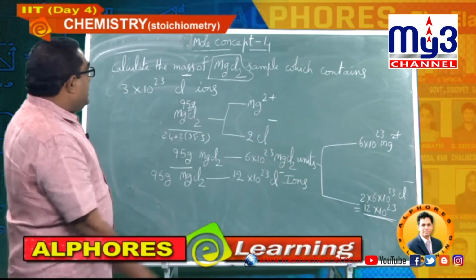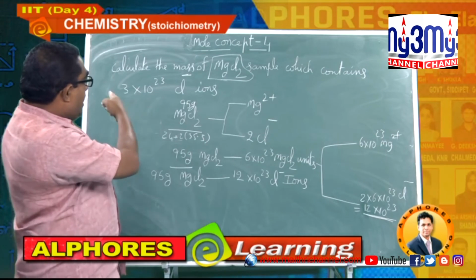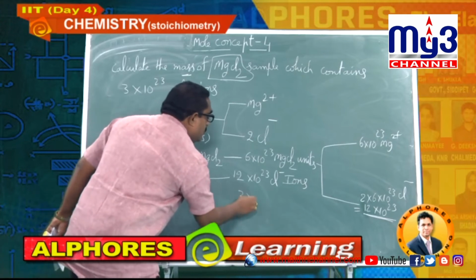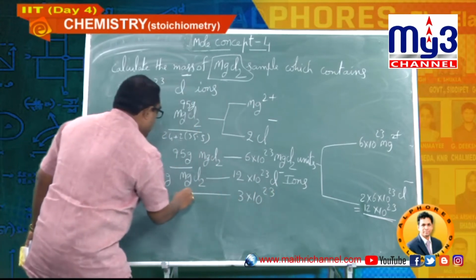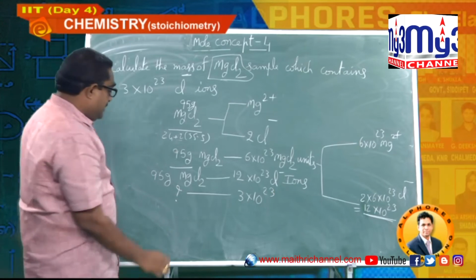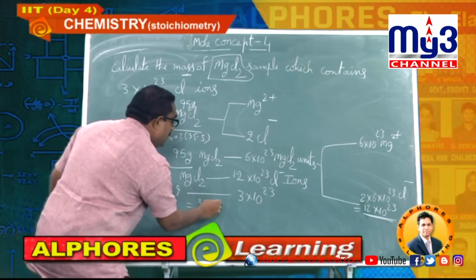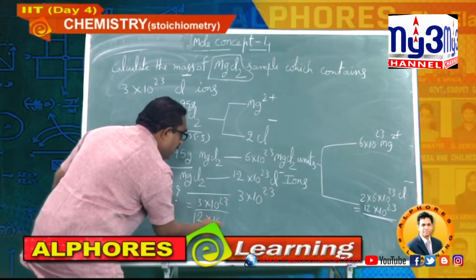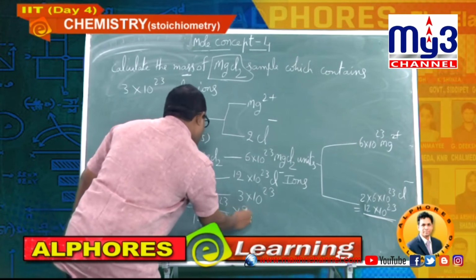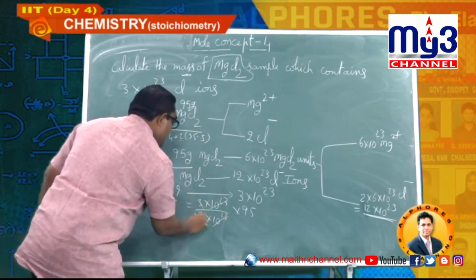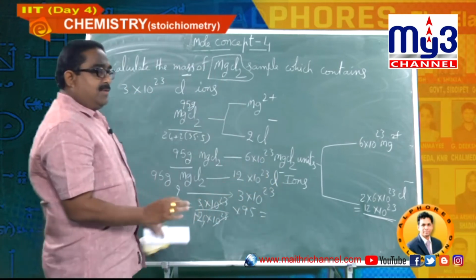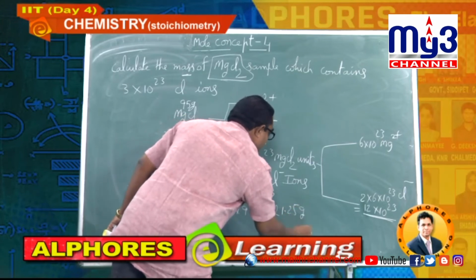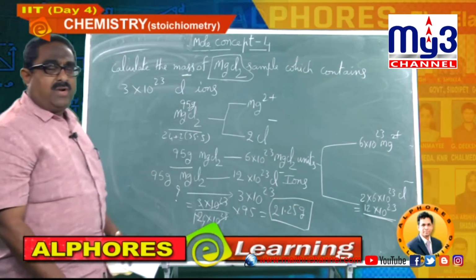Okay, but this time in our question, what exactly has been given as the number of chloride ions? Only 3 into 10 power 23. Then what is the respective mass? Right? That is 3 into 10 power 23 divided by 12 into 10 power 23 into 95. That is 95 by 4, that is 21.25 grams. So this is our final answer, students.